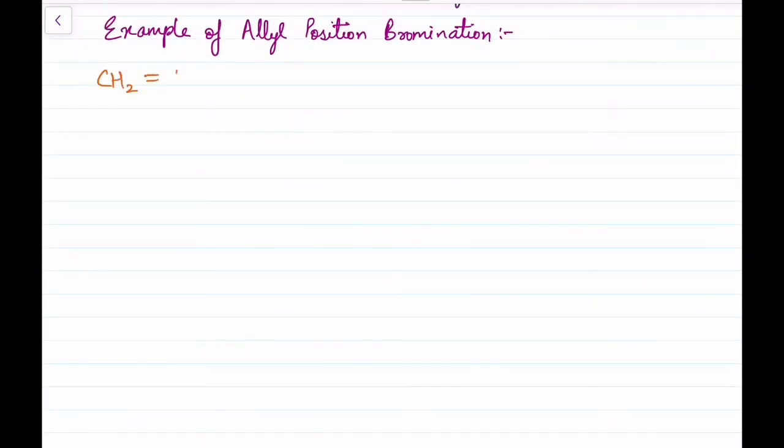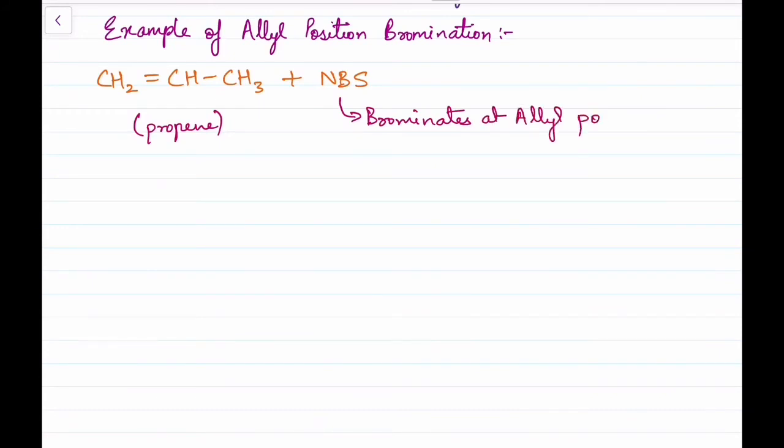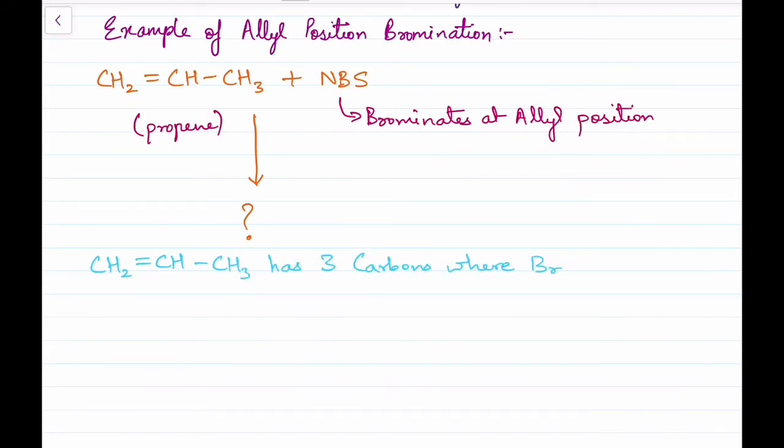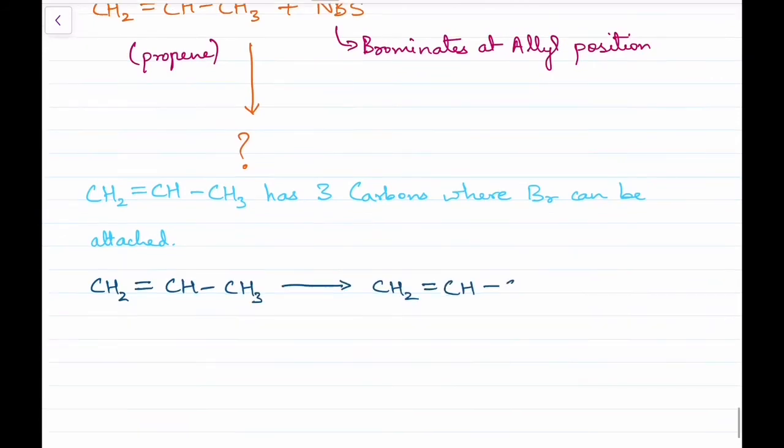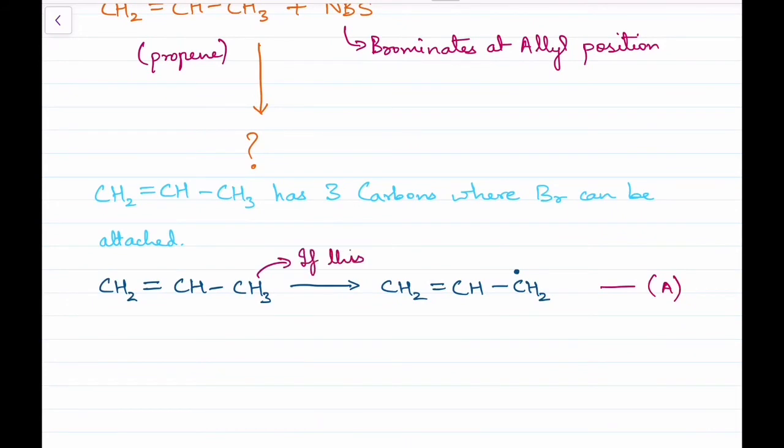First, we'll see an example of allyl position bromination. So CH2 double bond CH single bond CH3, which is propene, plus NBS brominates at the allyl position. So what is the product? Propene has 3 carbons where bromine can attach itself. So reactions A, B and C show you the 3 positions where bromine can attach itself if that free radical forms.